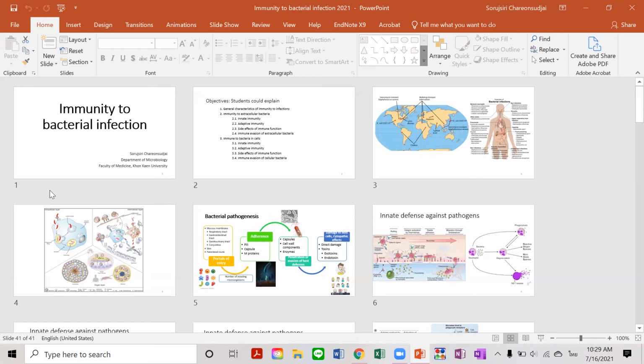So we normally group them as intra or extra, but sometimes extracellular bacteria may be endocytosed or phagocytosed, but they do not stay in the cell properly. Intracellular bacteria try to get into host cells and stay inside for their survival.